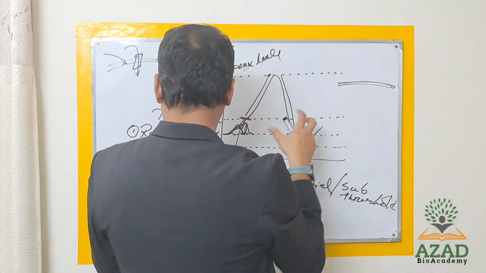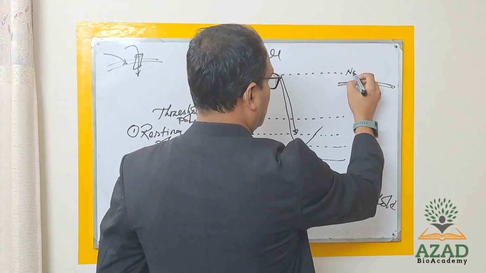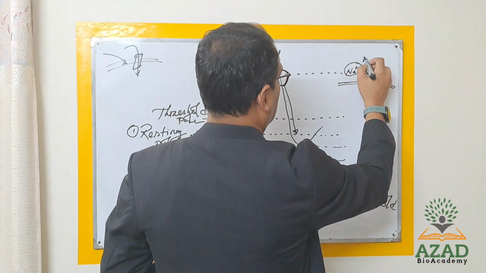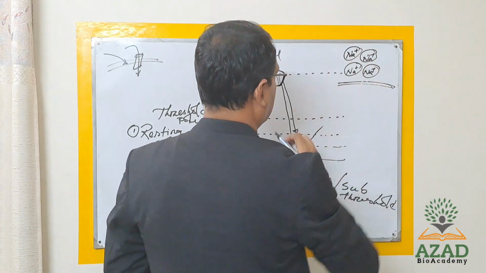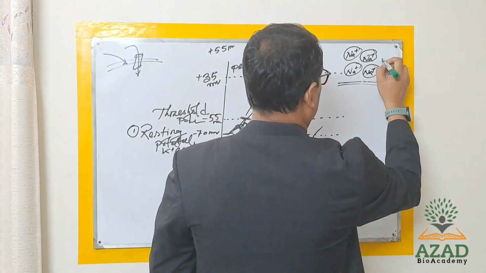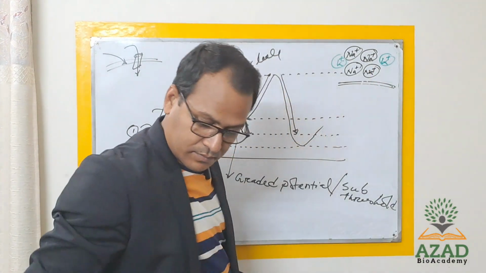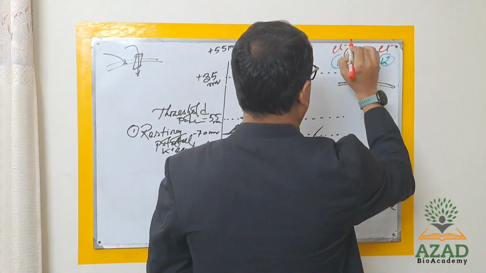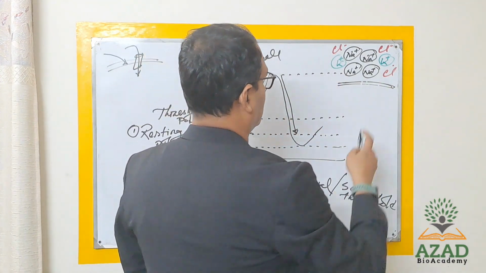In the normal resting state, outside of the nerve cell, sodium is very rich. Then there is potassium, and some chloride ions are there.